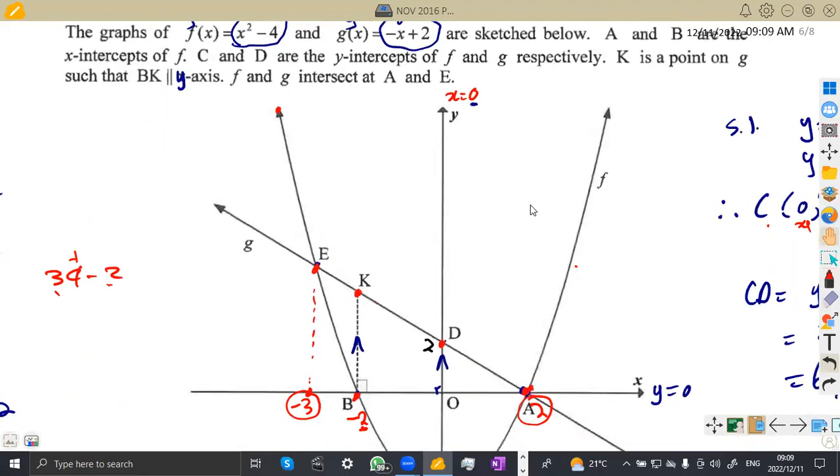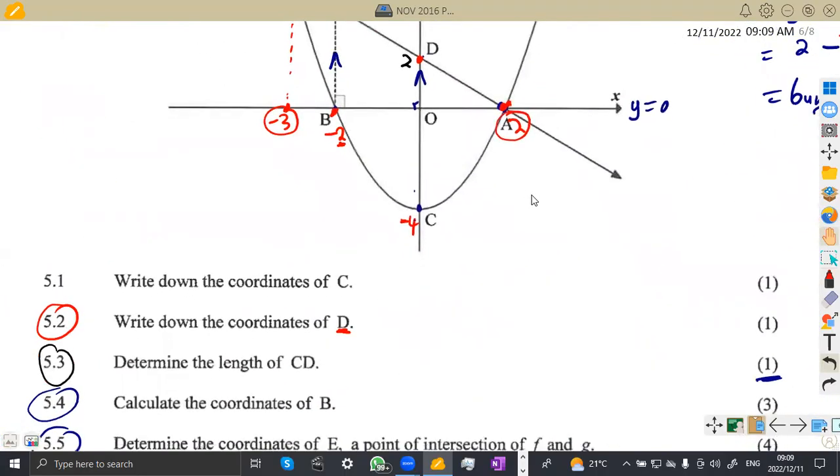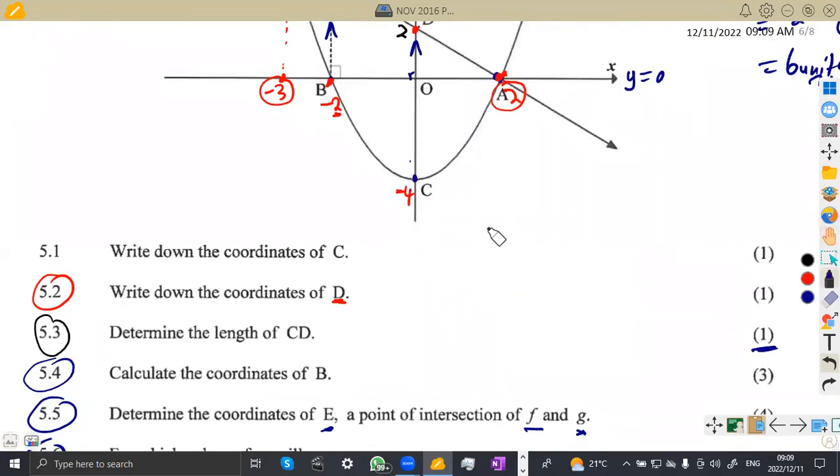So the point K, we know that x is -2, but we do not know the value of y there. So y is equal to minus x plus 2, and our x is -2, so it's going to be 2 plus 2. So y is going to be 4.